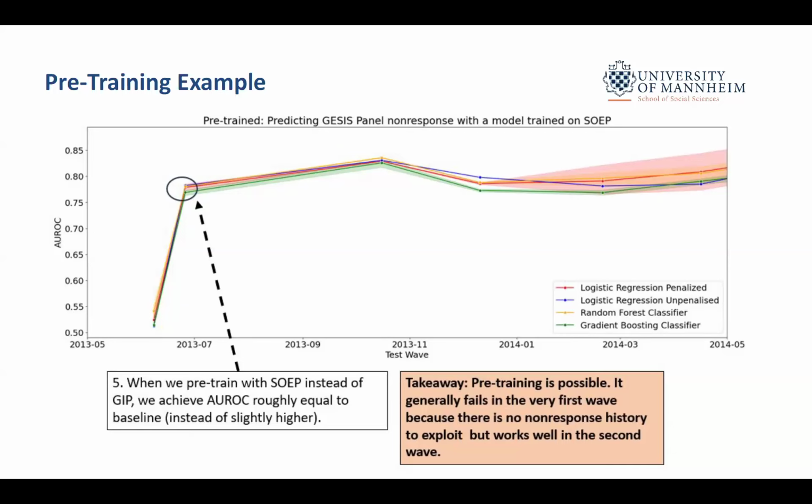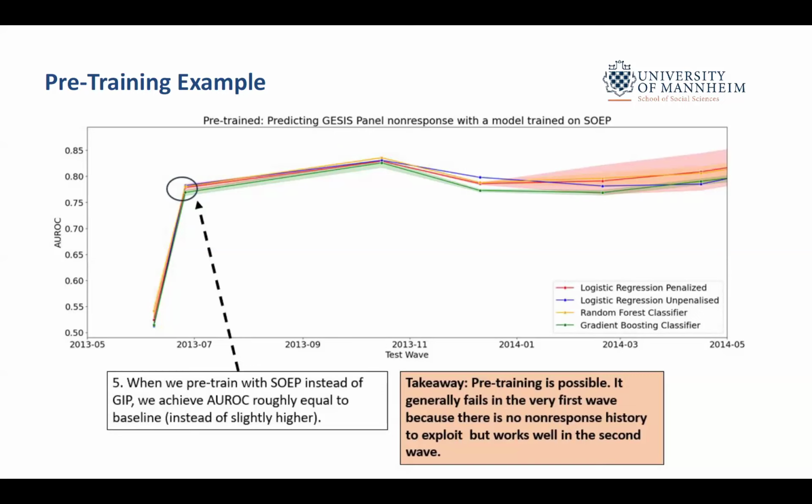It started decades earlier than the GESIS panel did. And if we had trained our model on SOEP, again wave 2 still would have been quite well predicted, but only about as well as if we had not used pre-training.